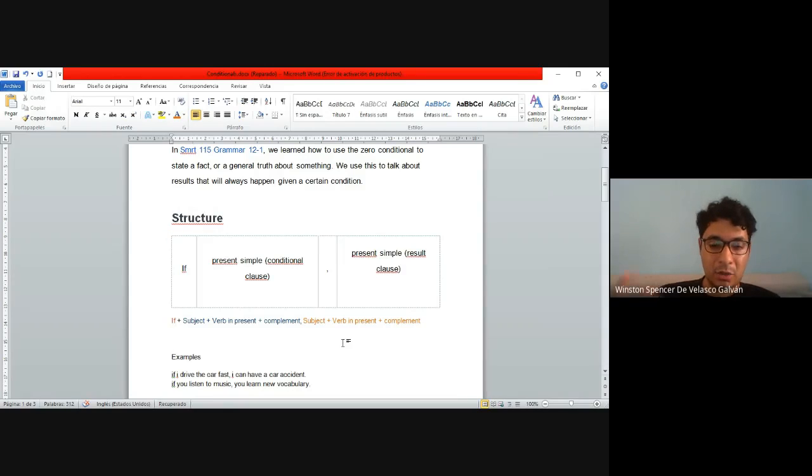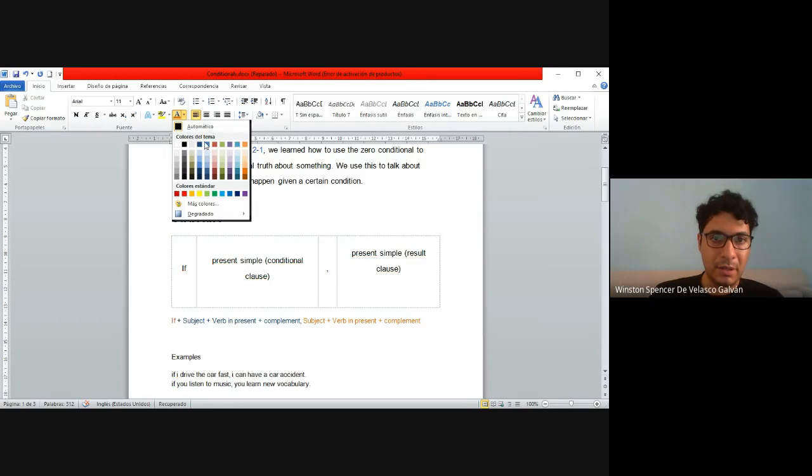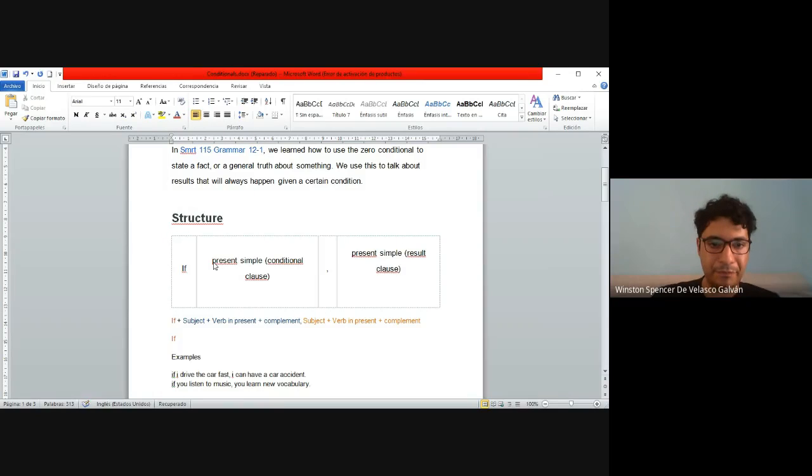To summarize all this information, I'm going to help you with this. I'm going to write down if, which is the first part, and then I'm going to use a blue color. If my friend does the homework, comma, now I'm going to use a different color.